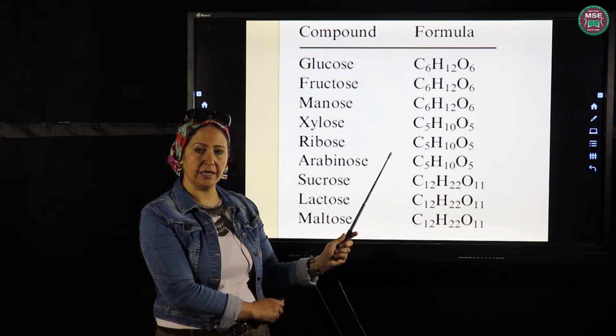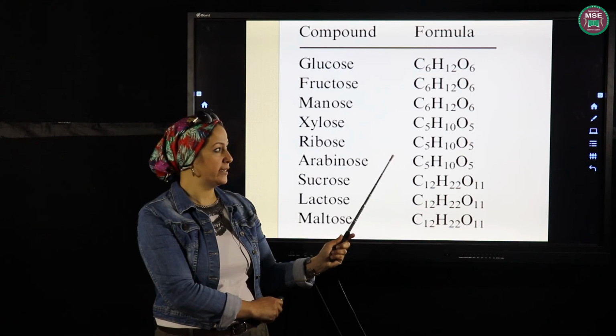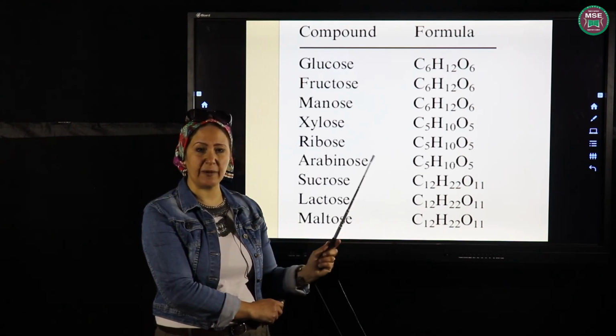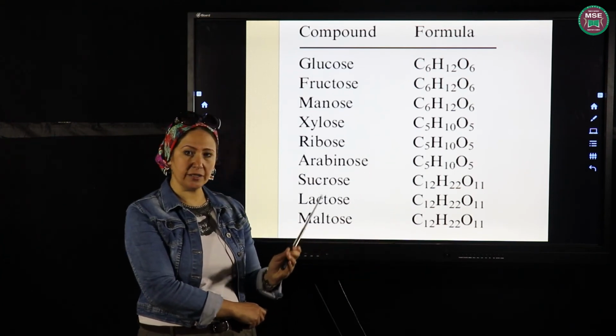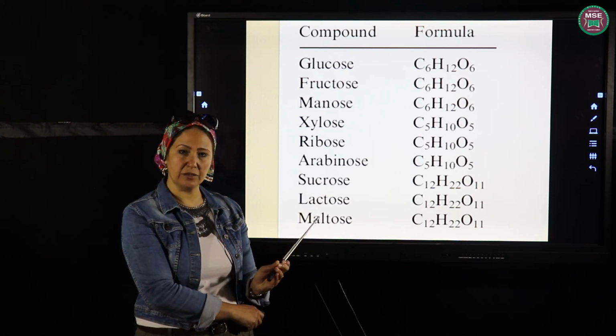It means if the carbon atoms equal 3 or 4 or 5 or 6, we are talking about monosaccharides. And take care that the ratio between the atoms is 1 to 2 to 1 respectively between carbon, hydrogen, and oxygen. If we talk about the disaccharides, we have 3 examples here: sucrose, lactose, and maltose.